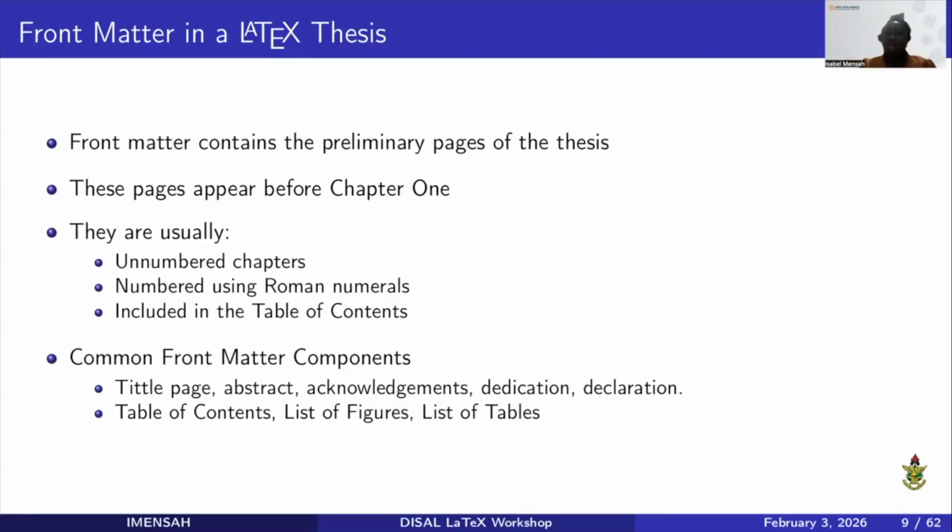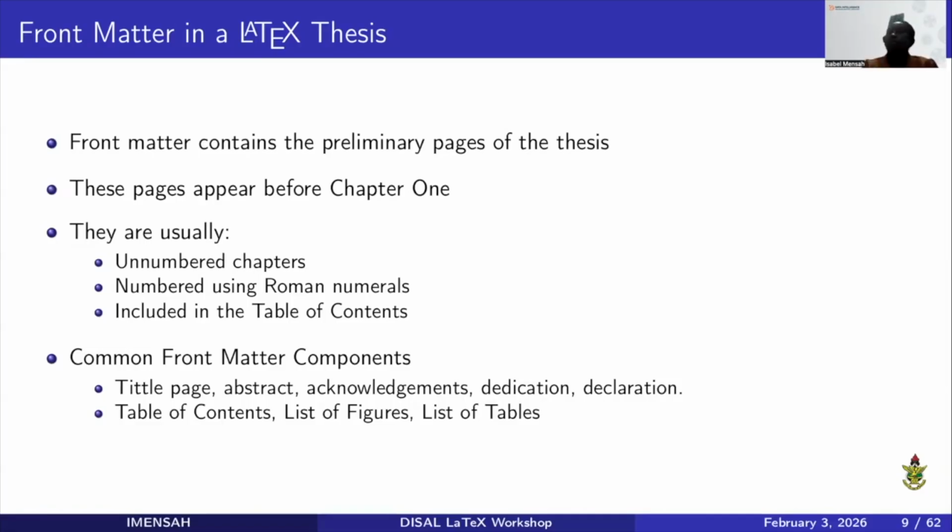And most of the time, the page numbers come as Roman numerals. But then you would have to specify in your main file that all the front matter pages should appear as Roman numerals. And then the main chapters, of course, will come as Arabic numerals. So we'll go through them as well.